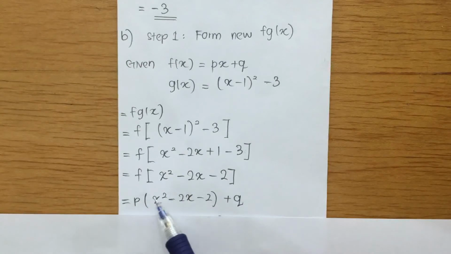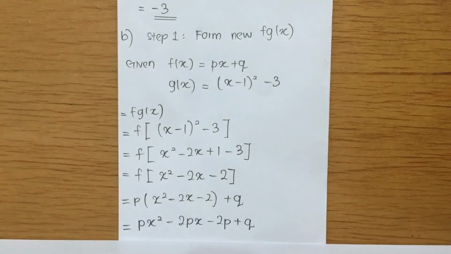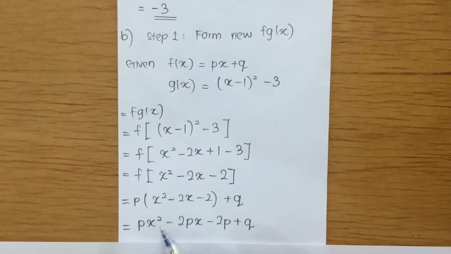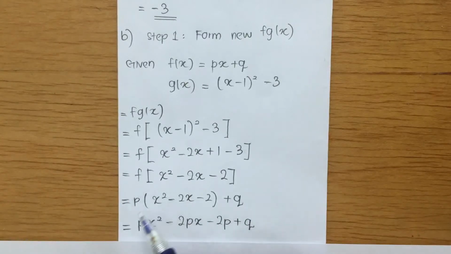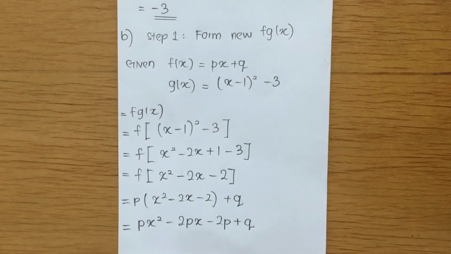So p is going to times with x squared minus 2x minus 2. So from here you should get your new fg(x) is equal to px squared minus 2px minus 2p plus q. So this is your new fg(x), guys. I'm going to show you the remaining working in the next page, so please hold on for a moment.